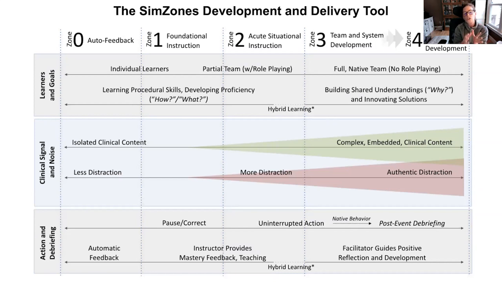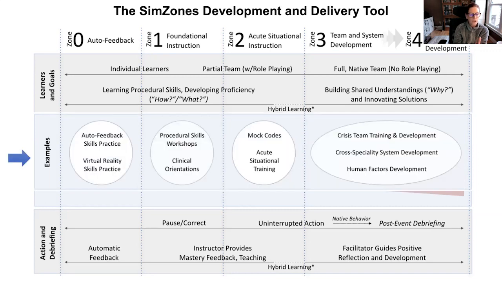So this original design from Chris and Peter was real life. And zone 4 was real teams debriefing after events in real clinical time, solving clinical problems. Whether they had a bad resuscitation or a great resuscitation or an ECMO or a labor and delivery crisis, it's real teams in real life.